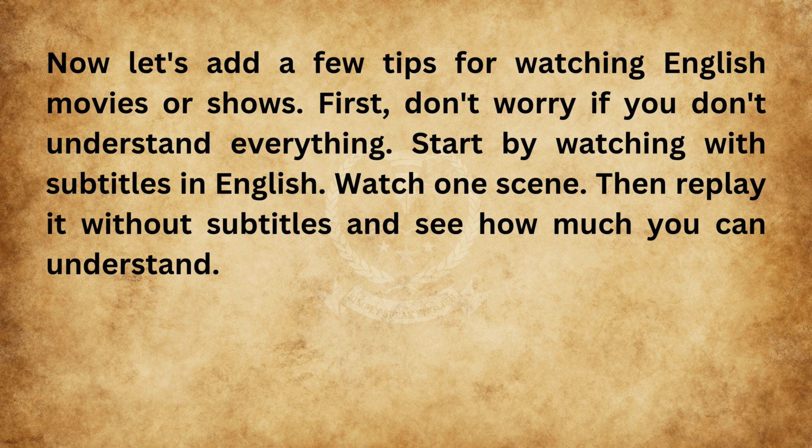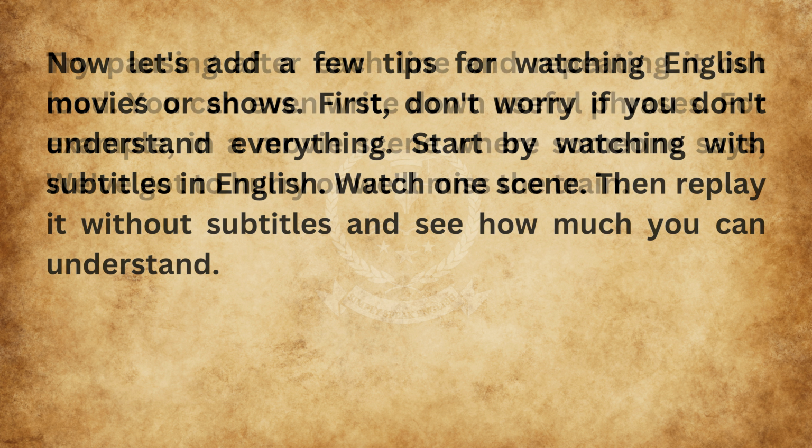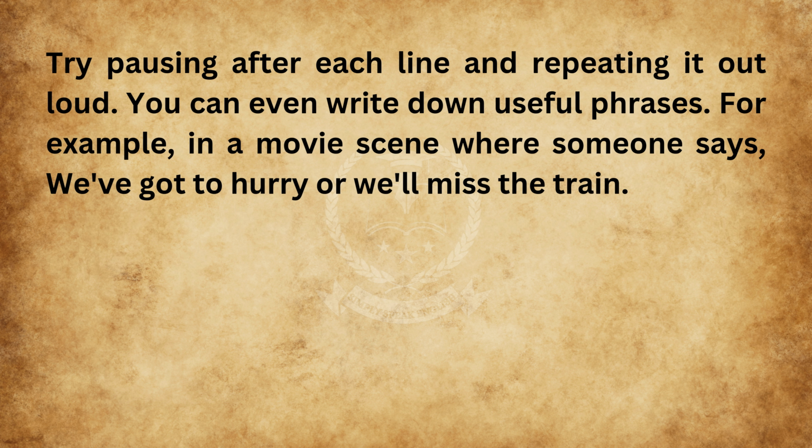Now, let's add a few tips for watching English movies or shows. First, don't worry if you don't understand everything. Start by watching with subtitles in English. Watch one scene, then replay it without subtitles and see how much you can understand. Try pausing after each line and repeating it out loud.